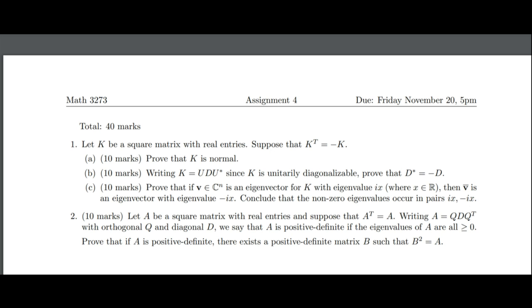Before we get started, I just wanted to say a few things about this assignment 4. The first thing is it doesn't actually affect the question or anything, but I do have a typo.